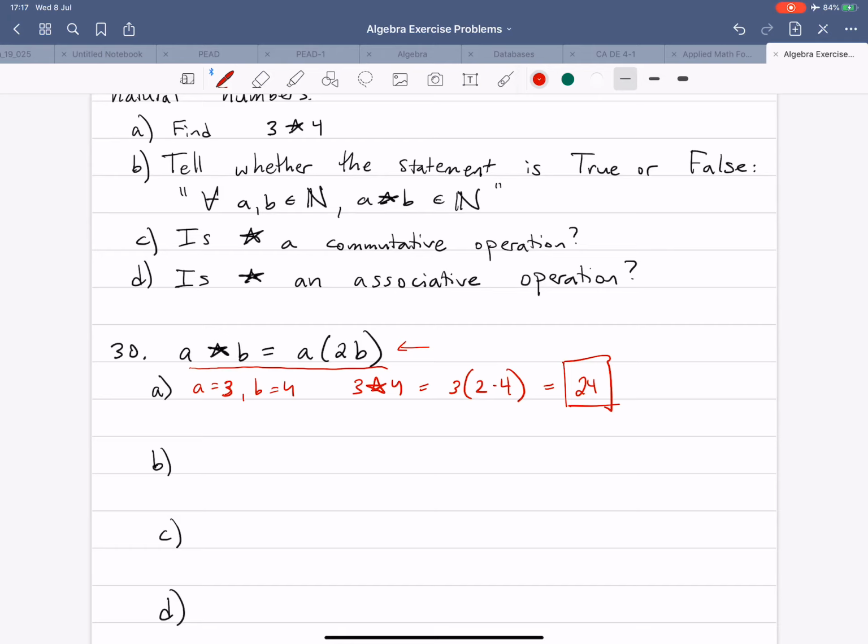And I'm going to say no. The set of natural numbers is the same as the set of positive integers, and anytime that you're multiplying two positive integers, you are going to end up with another positive integer. So this statement is true.